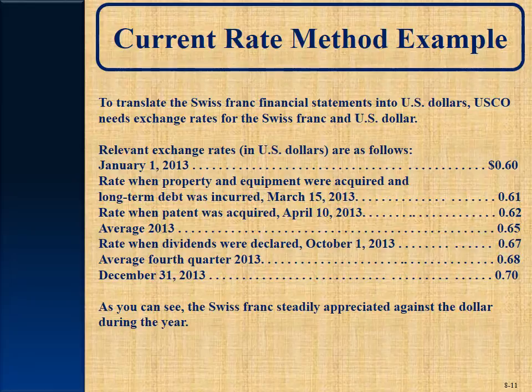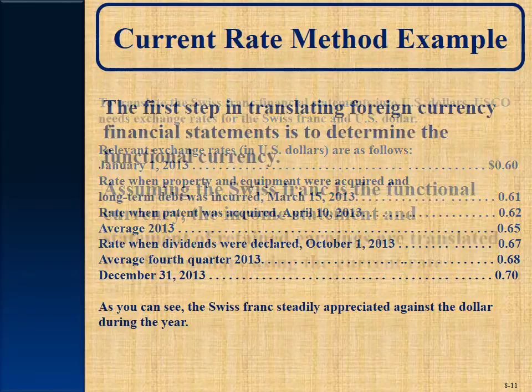When dividends were declared on October 1, the exchange rate was 67 cents per franc. Average fourth quarter, 68 cents per franc, and then the December 31st exchange rate was 70 cents per franc. So these Swiss francs steadily appreciated. It took more United States dollars during the year to get 1 franc. So we need this information, and it is tracked.